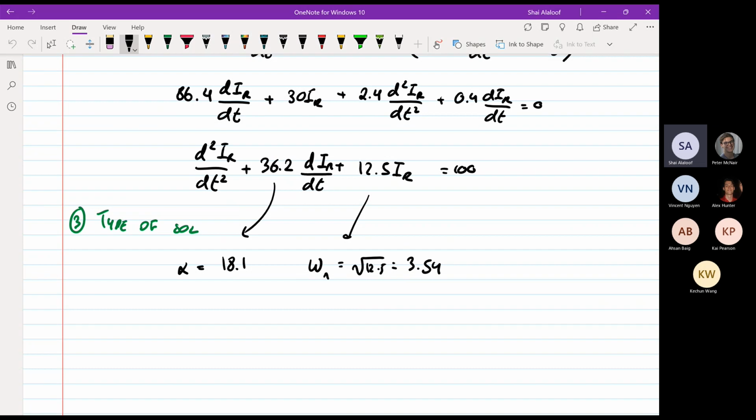Because alpha is a lot bigger than omega n, this is going to be overdamped, right? And the solutions are going to be minus alpha minus omega damped and minus alpha plus omega damped, where the damped frequency is the square root of alpha squared minus omega n squared.